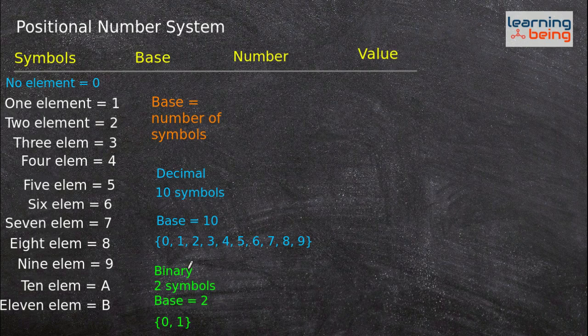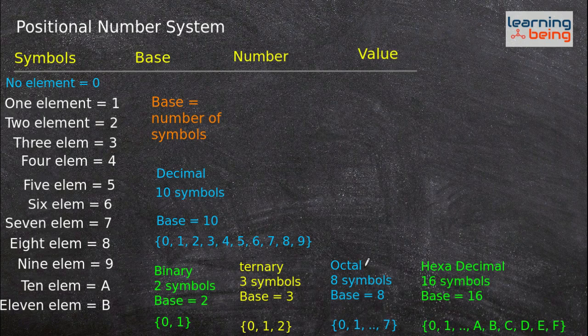So in the binary number system, only these two symbols are used. In the decimal number system, the first 10 symbols are used. Similarly, in the ternary number system, we use 3 symbols, so the base is equal to 3, and the set of symbols is 0, 1 and 2.